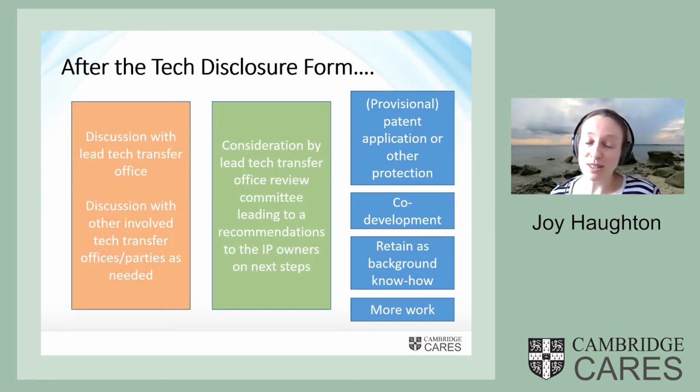Then, once they've had a discussion with the inventors, there may be points of clarification. They may help you to work up the tech disclosure form a little bit, so that it's a little bit clearer what stage you're at, what exactly it is that you're disclosing, any points of clarification on the terms, etc. Eventually, once that's all clear and it's in the best state it possibly can be, then the Tech Transfer Office will put that forward for consideration by a review committee.